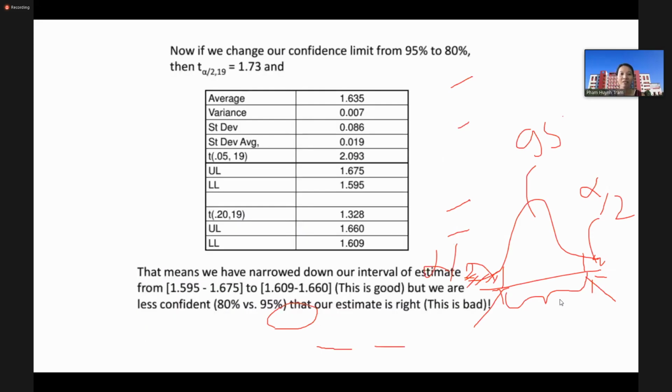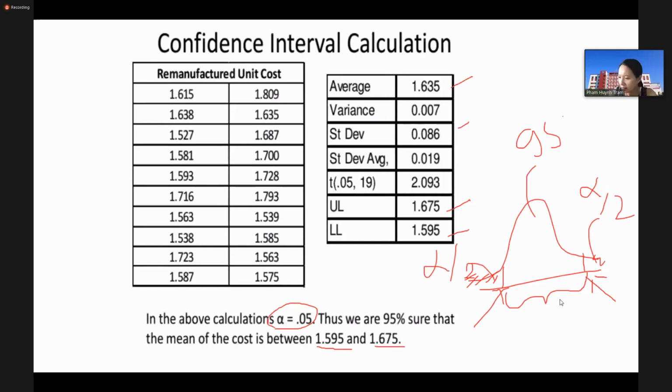Well, let's say we want to increase the precision. Like from 1.595 and 1.675, we still want to increase the precision or reduce this range.